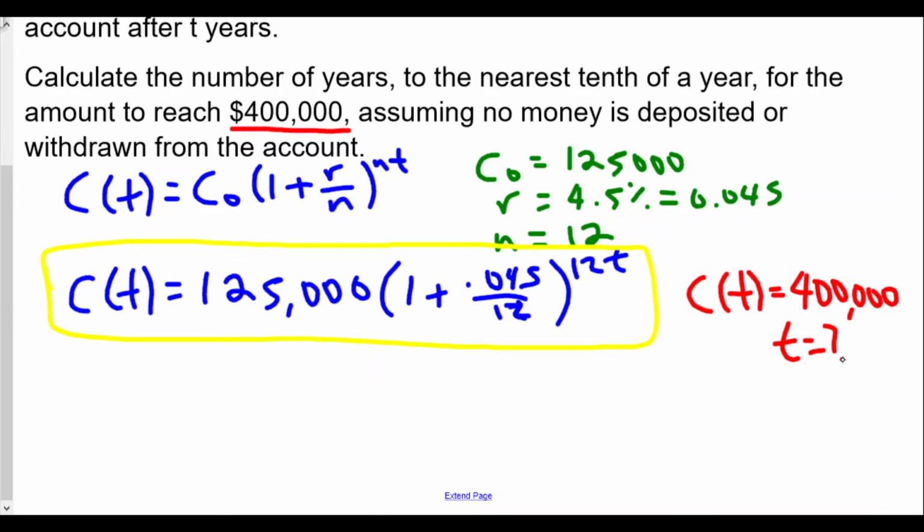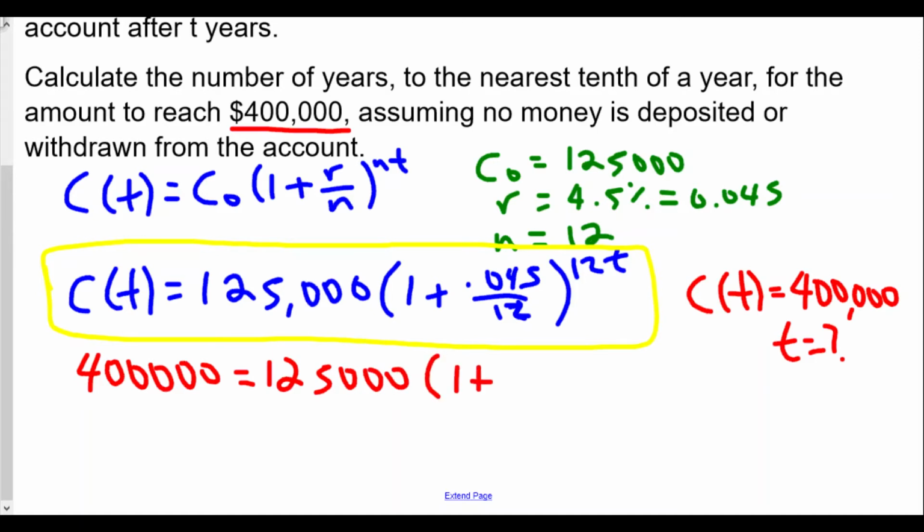So now our equation looks like 400,000 equals 125,000 times 1 plus 0.045 over 12 raised to the 12t power. And that equation by itself is going to be worth a point.